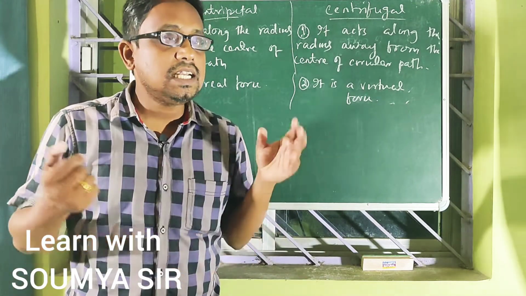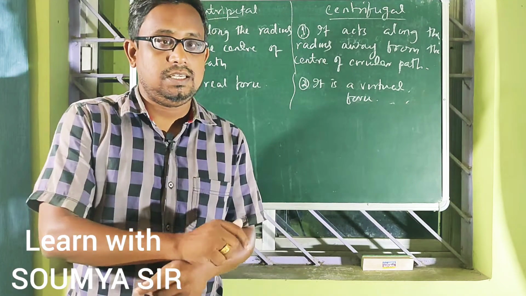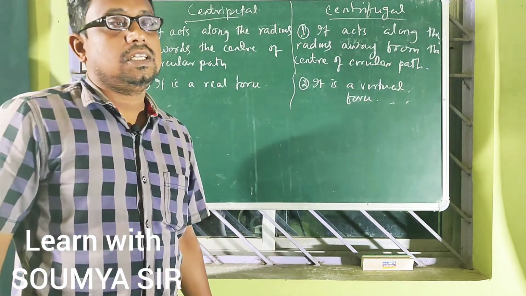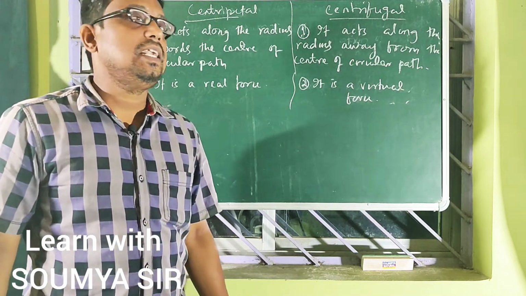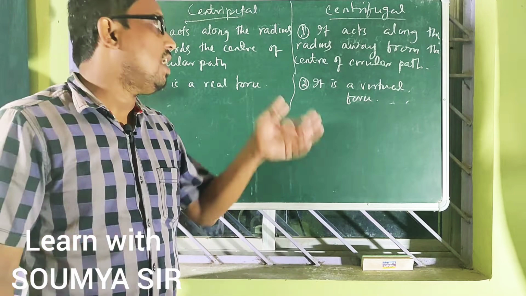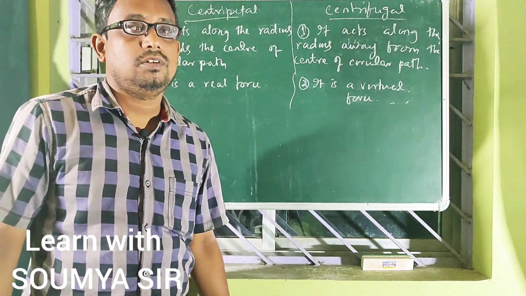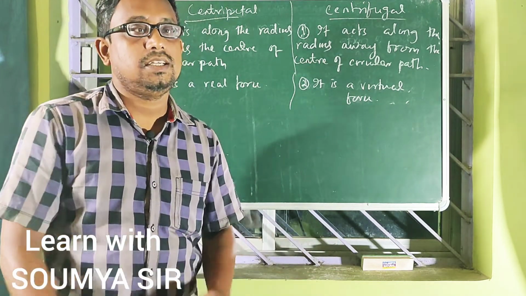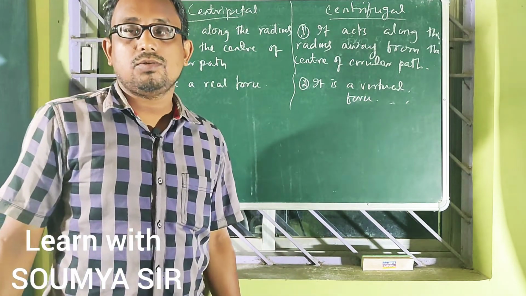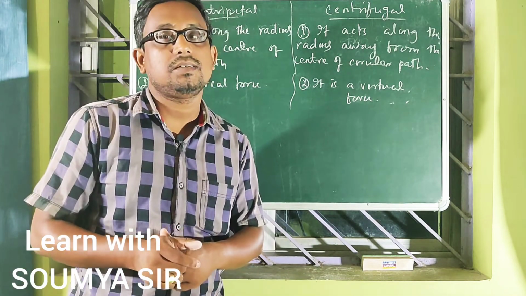It is expected to work. Clear? This is a 2-mark question. And remember always, while writing the differences, write only what is different in both, not the similarity. The points should be opposite to each other, so that you will get the marks properly.